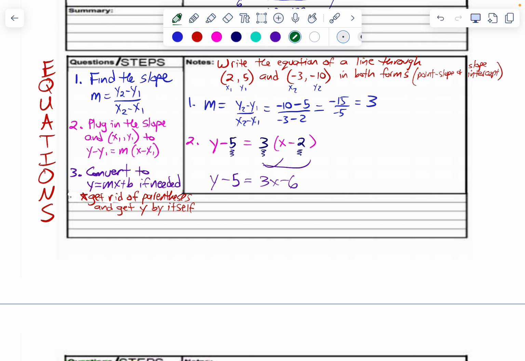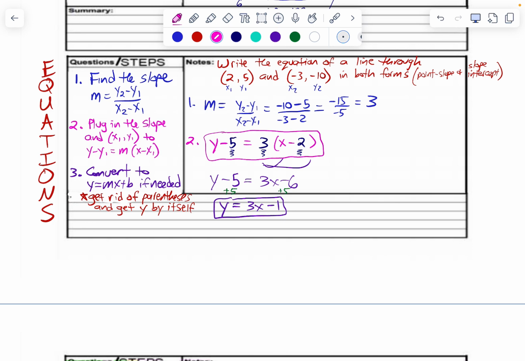Good job. Add 5 to both sides. And we'll get y equals 3x minus 1. Okay. So now we have it in slope-intercept form.